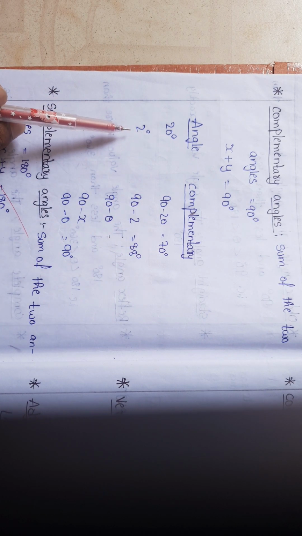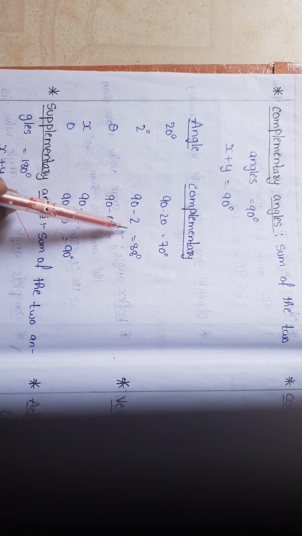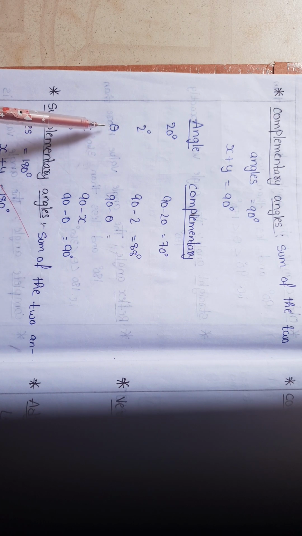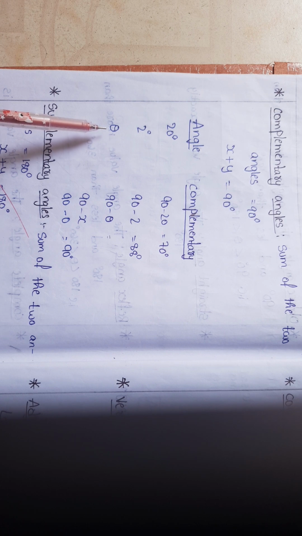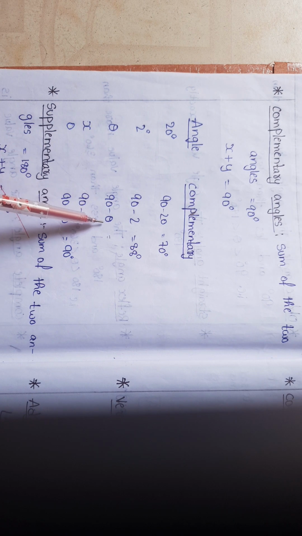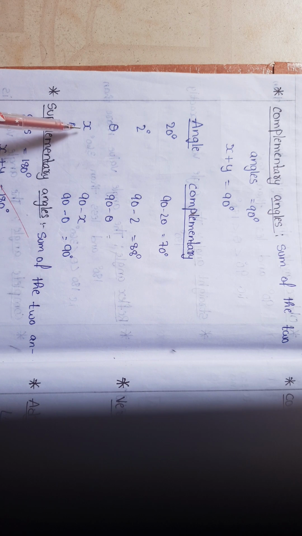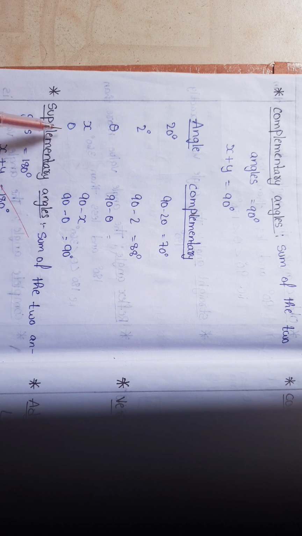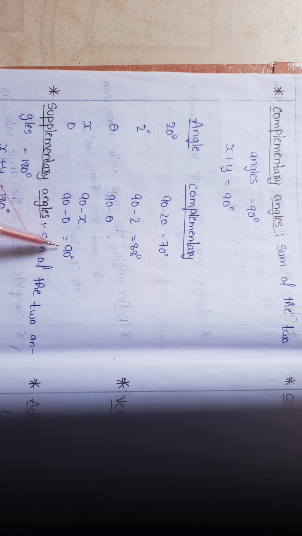For example, the complementary of 2 degrees is 90 minus 2, that means 88 degrees. Say theta value is given. I said already in the basic maths angles video, theta is the measurement of an angle. So the complementary of theta is 90 minus theta. If you take x degrees, its complementary is 90 minus x. If you take 0, its complementary is 90 minus 0, only 90 degrees.